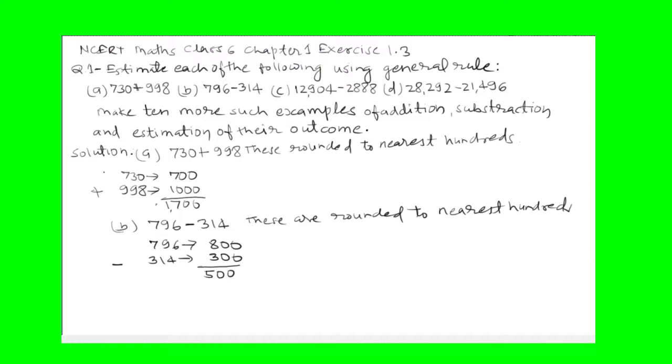Part C, 12,904 plus 2,888. These are rounded to the nearest 1000.